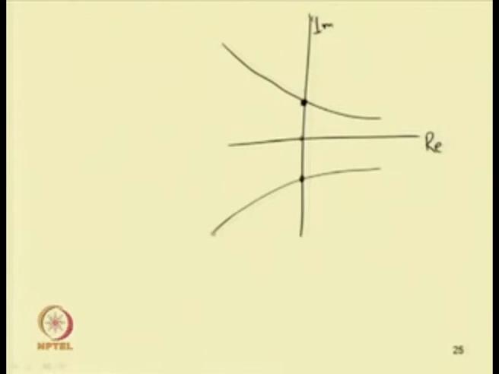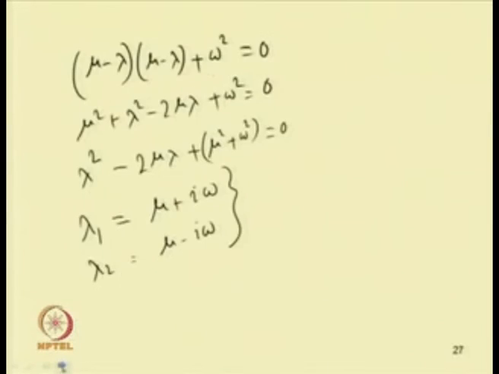So, it crosses the imaginary axis at a non-zero speed. In the case of the Hopf bifurcation, as from the fixed point response we are getting a periodic response, that is why this is known as dynamic bifurcation. So, let us take some other examples.